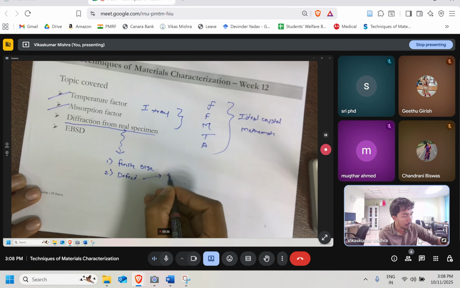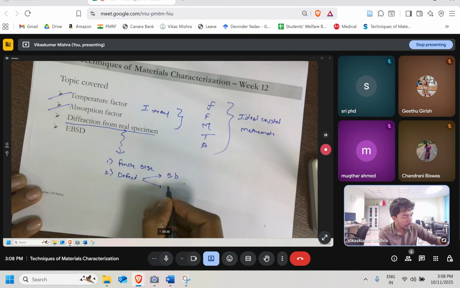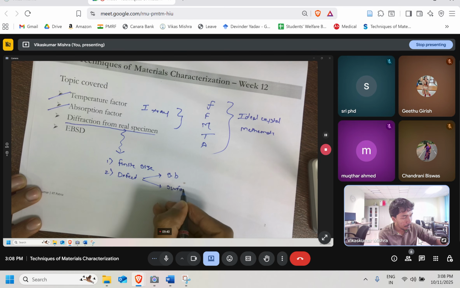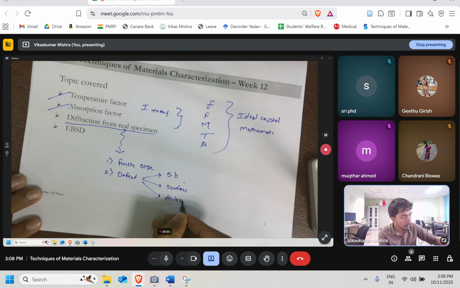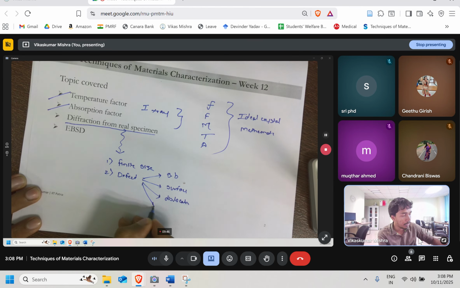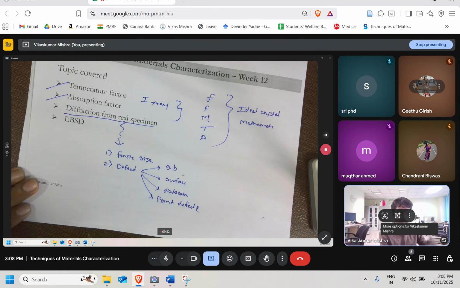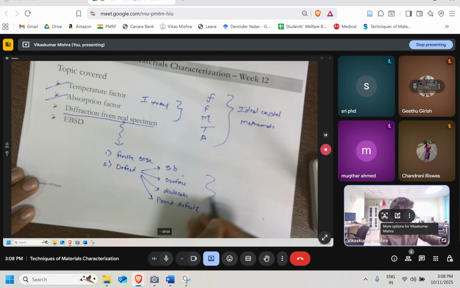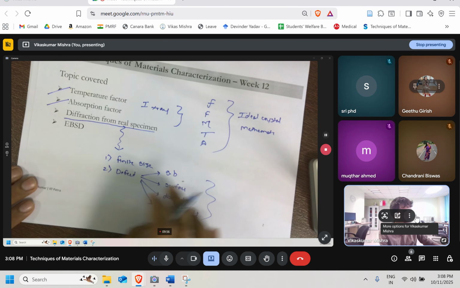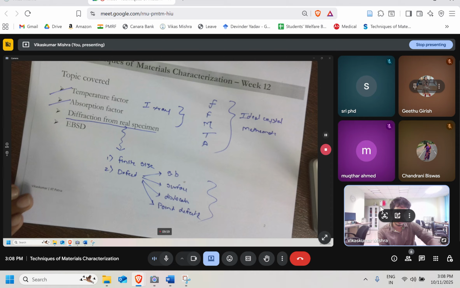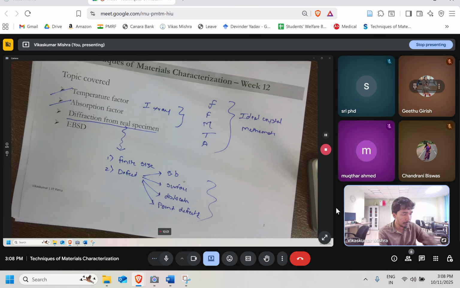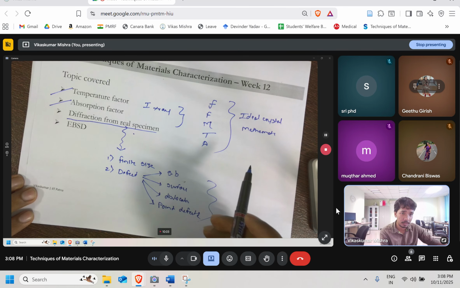These defects can be grain boundary, surface, dislocation, and also point defects. So these things will come under the defect part. This is how our real crystal is going to vary from the ideal crystal.